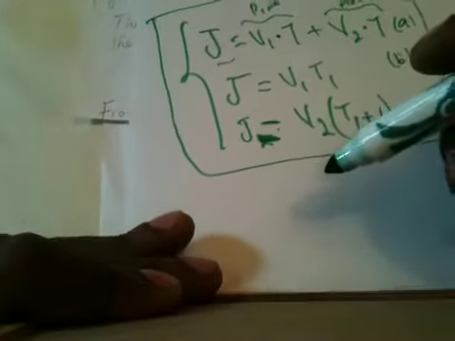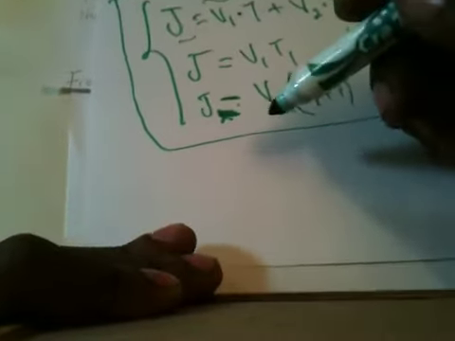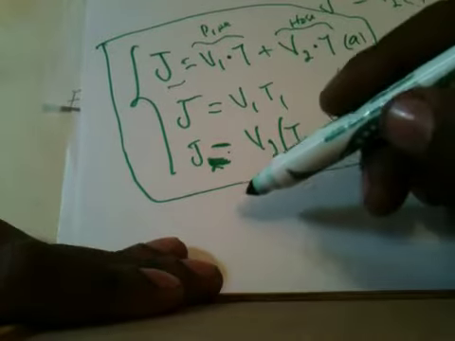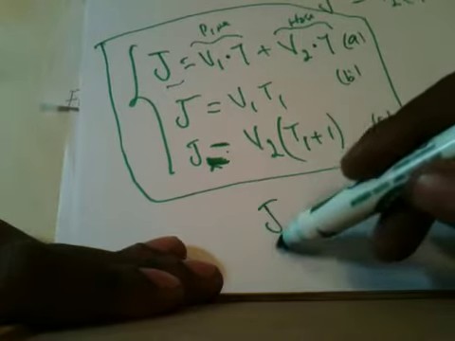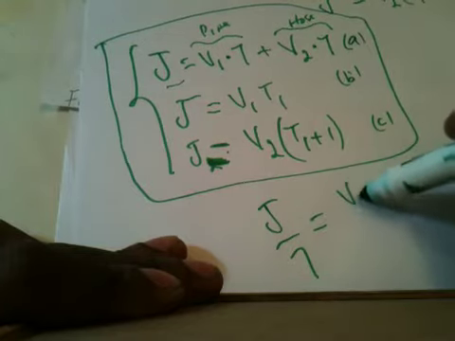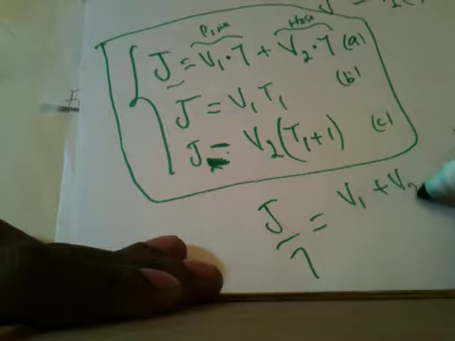If I divide the whole thing by 7, I mean equation A by 7, I will have the job divided by 7 is equal to V1 plus V2.